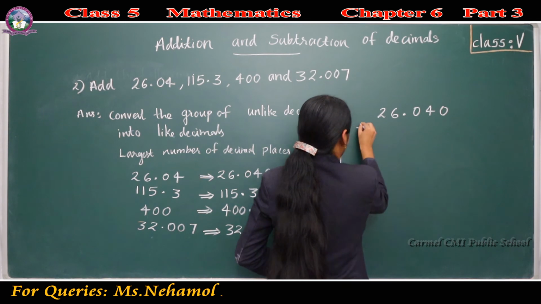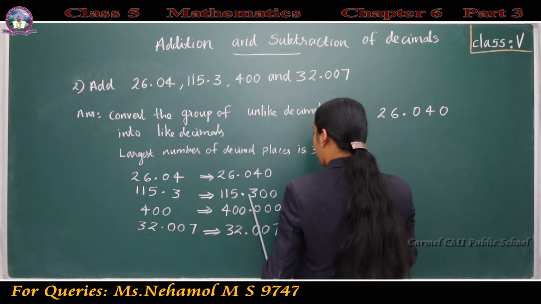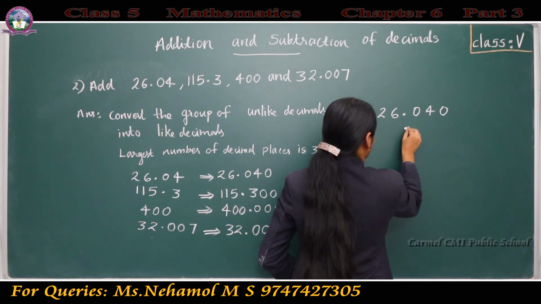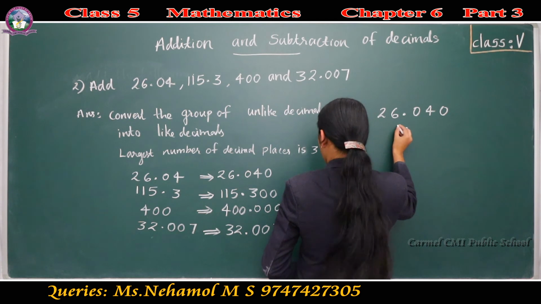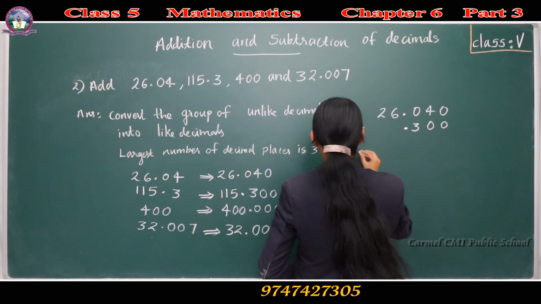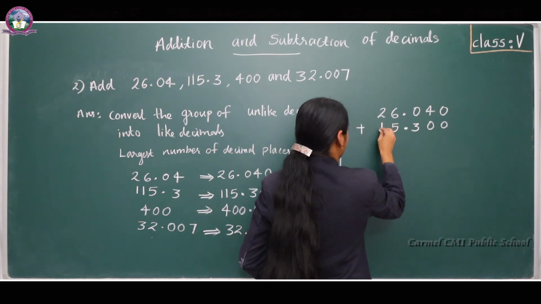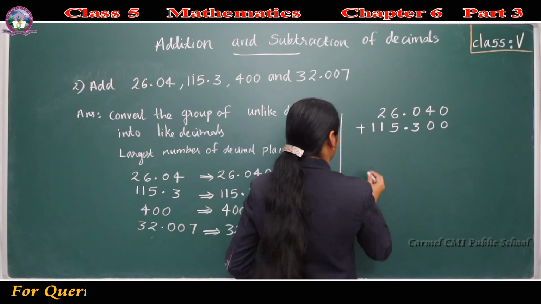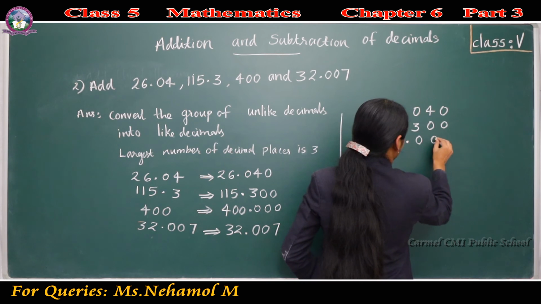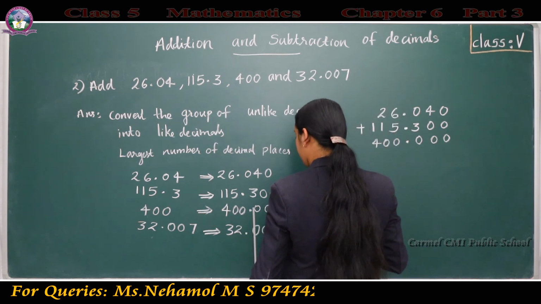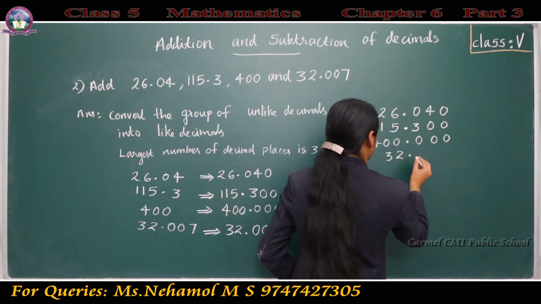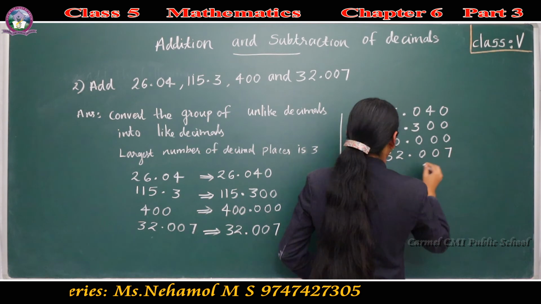26.040 plus 115.300 plus 400.000 plus 32.007. Put the decimal points in the same column.